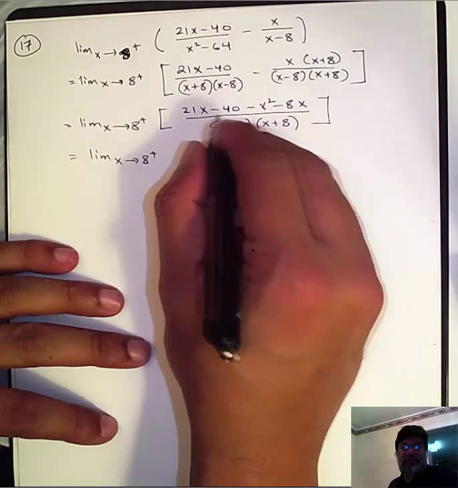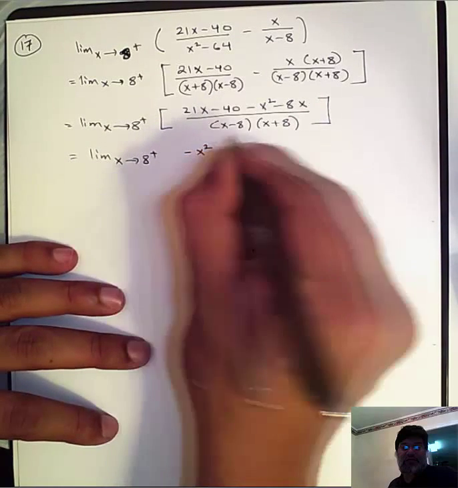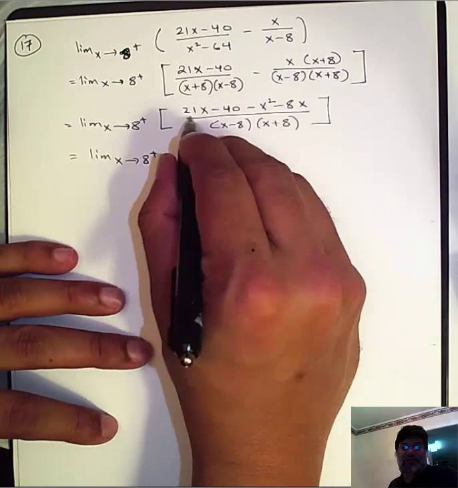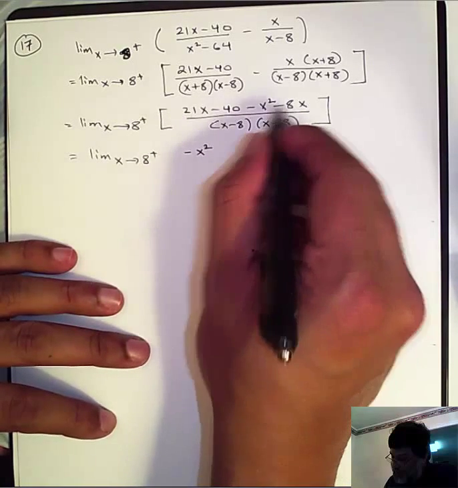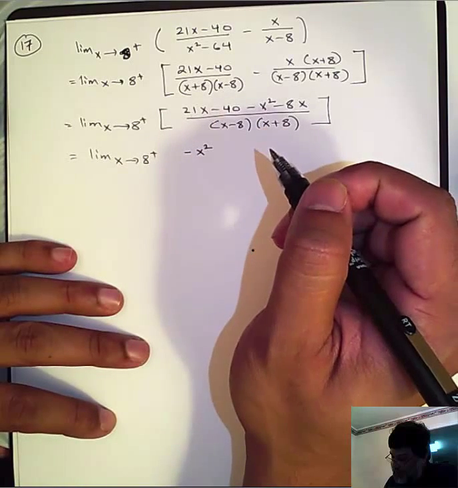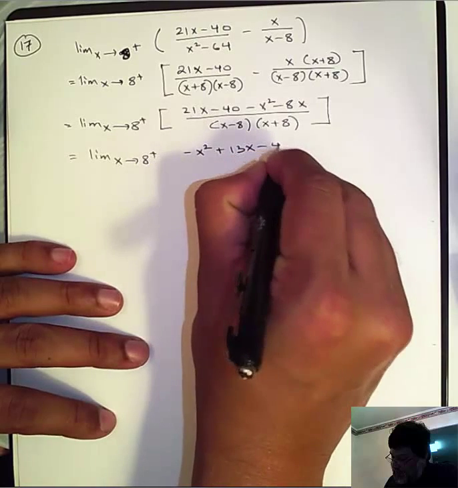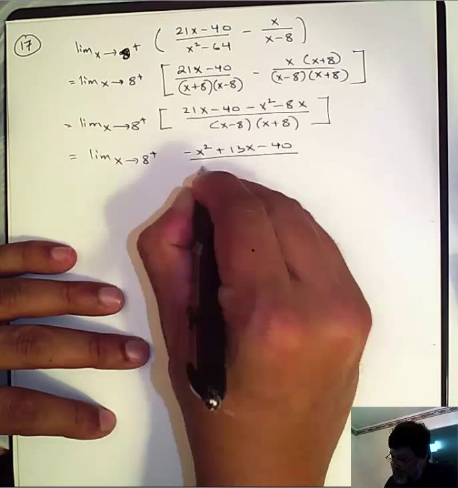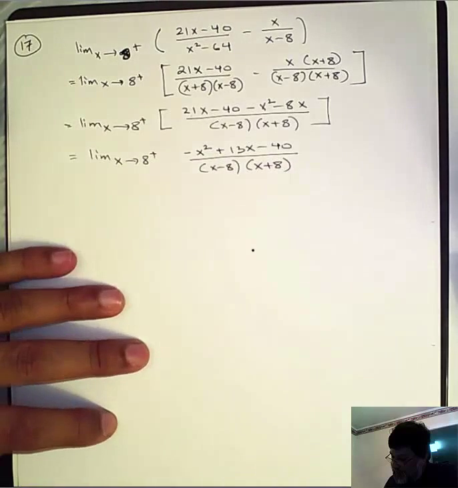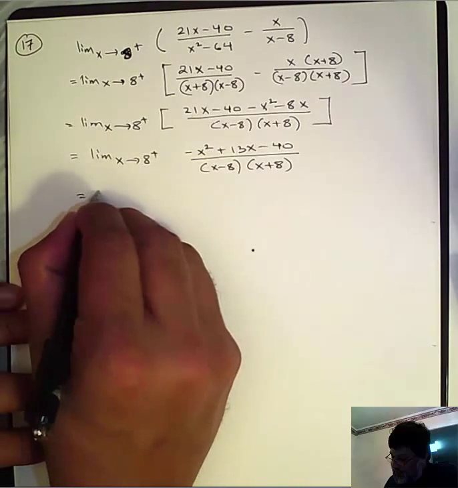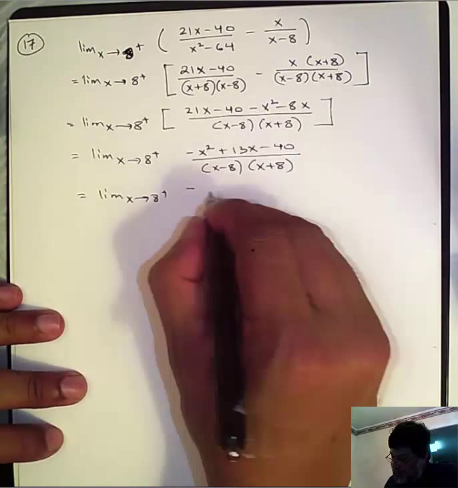Alright, so let me combine some like terms here. Positive 21, take away negative 8. What is that? Positive 13. Can I take out a negative here for ease of factoring out?